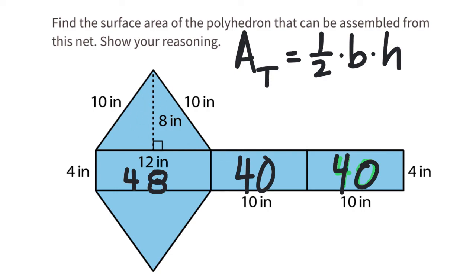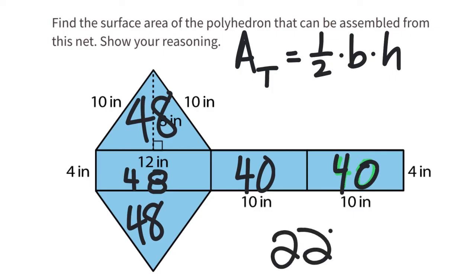So this triangle is 48, and this triangle is 48. And remember, we should be calling them square inches. Now our job is to add all of these values, and that is going to be our answer. That isn't all that hard. Think about our 40s: 1, 2, 3, 4, 5. So we have 5 times 40, that's 200, plus 24. So the area is 224 square inches.